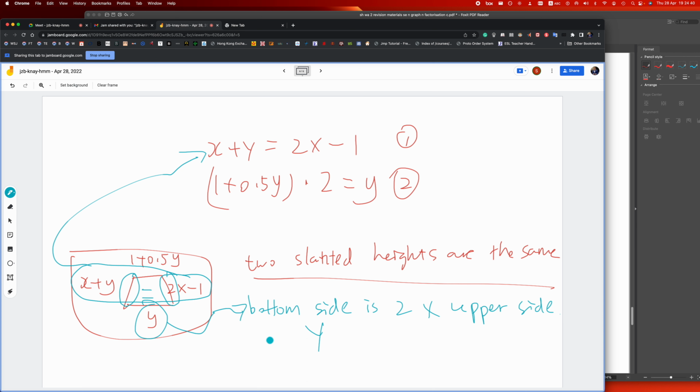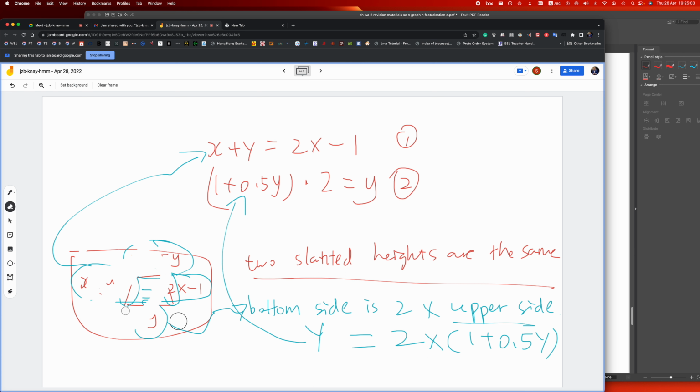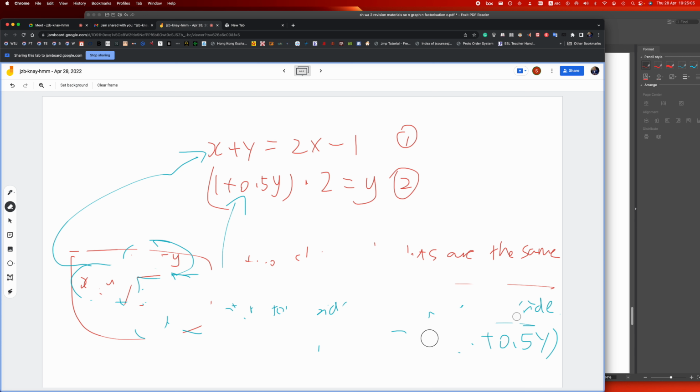Y is equal to 2 times the upper side. The upper side is this one, right? So it's 1x plus 0.5, that's why this is my equation 2. Are you clear how I form the two equations now? Okay, good. So now I leave it to you. I erase the unnecessary stuff, and you're supposed to do the question.